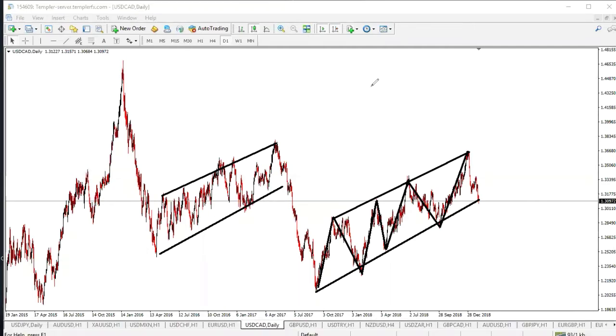We have a low, a high, a higher low, a higher high, and so on. So this indicates that we're on an uptrend.